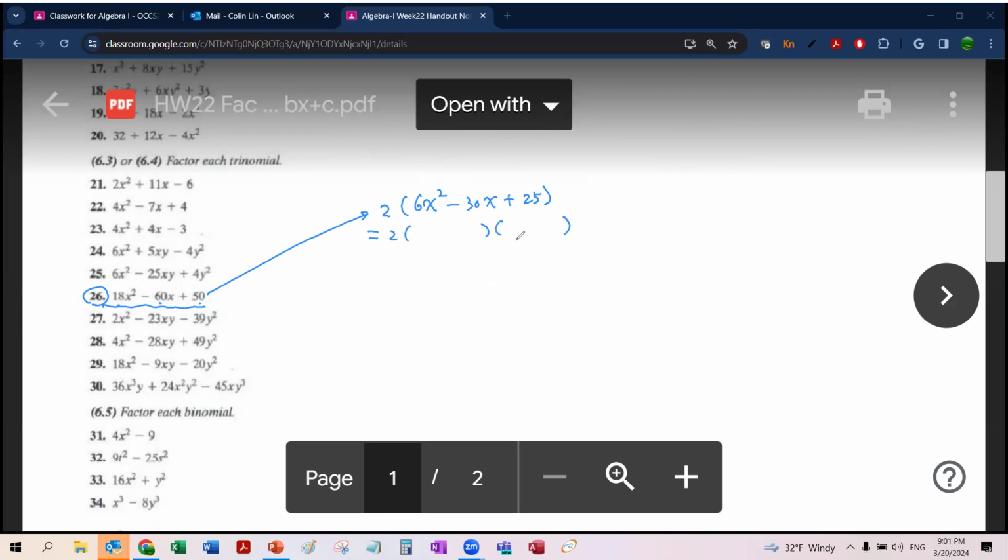Use our smart brain to do this work now. 6 times 25 became 150. So right now we need to factor this one and find these two factors. The sum of them will be negative 30.